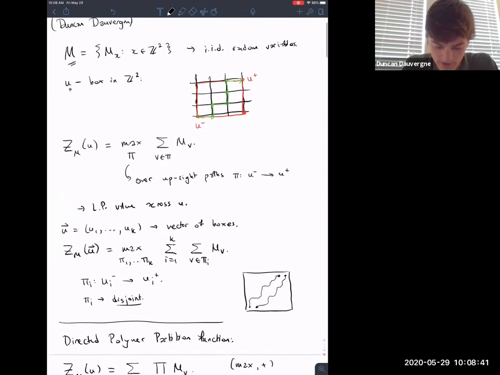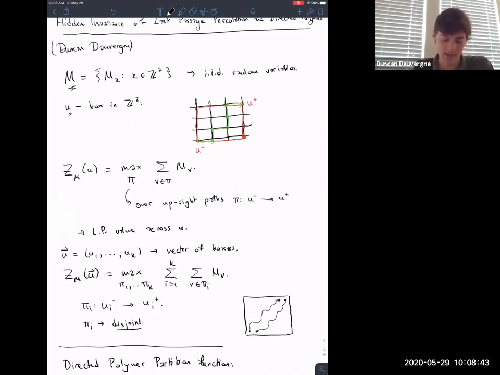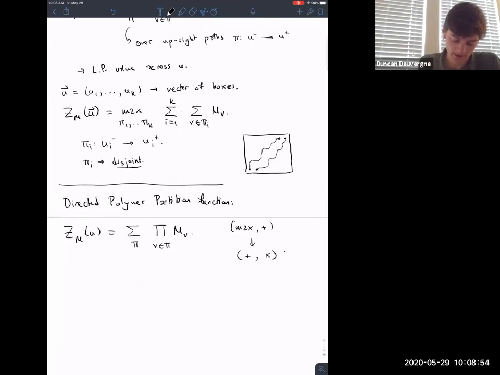The one thing I will mention with the difference between the models is that for defining last passage values, it makes sense to let the random variables take any real values. When we're defining polymer partition functions, it's going to make sense to let these random variables be always between 0 and infinity.